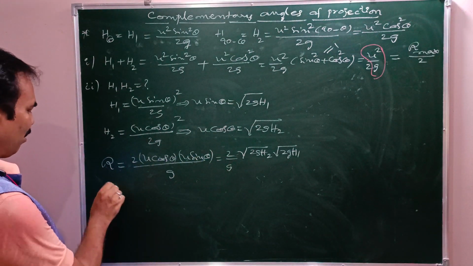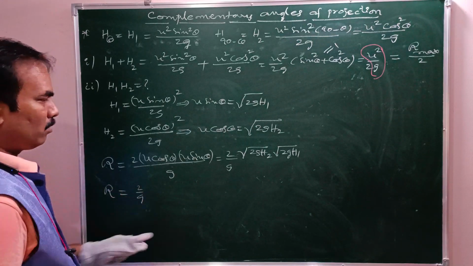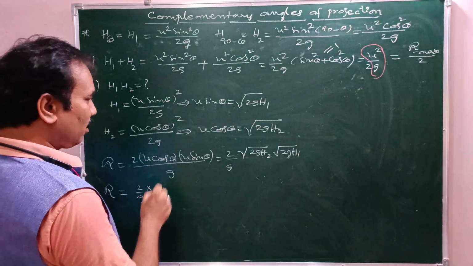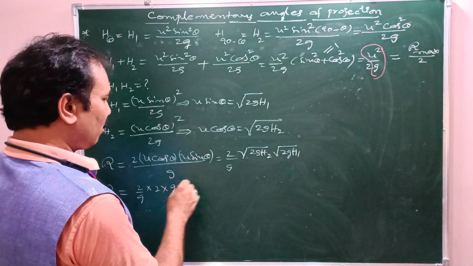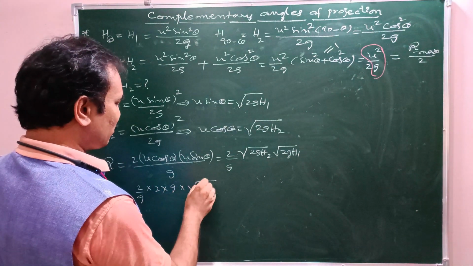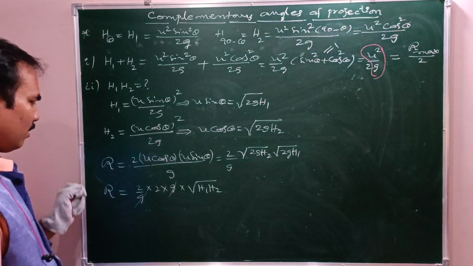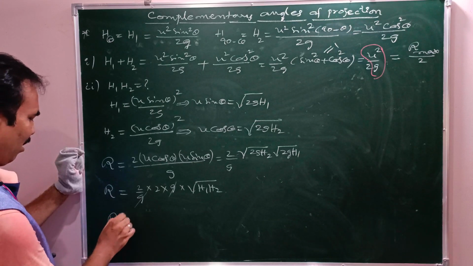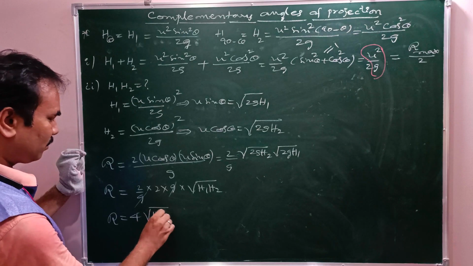That is R equal to 2 by g into root 2 means 2, into g into root h1 h2. Now g cancels. We are left with R equal to 4 root h1 h2.